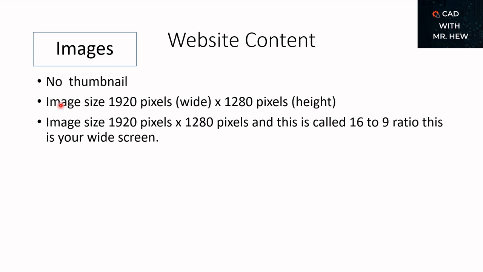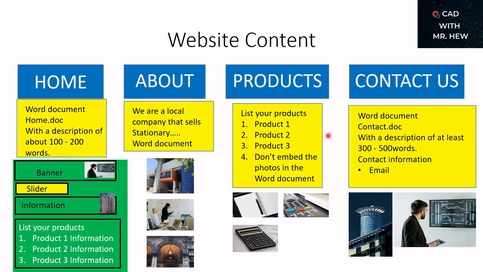The ideal size for the images is 1920 pixels wide by 1280 pixels in height, right? So the image size is 1920 by 1280. This is also called the 16:9 ratio, and this is your widescreen.